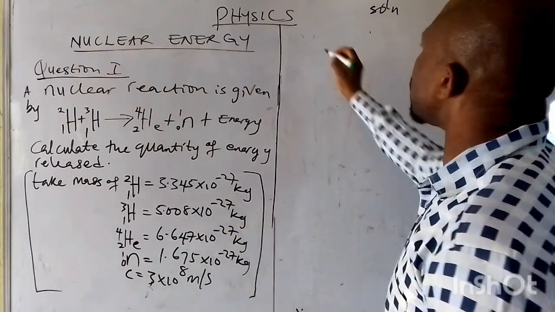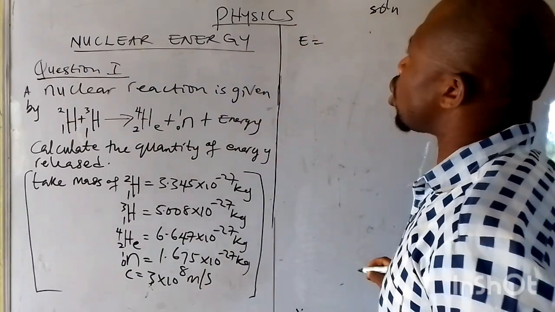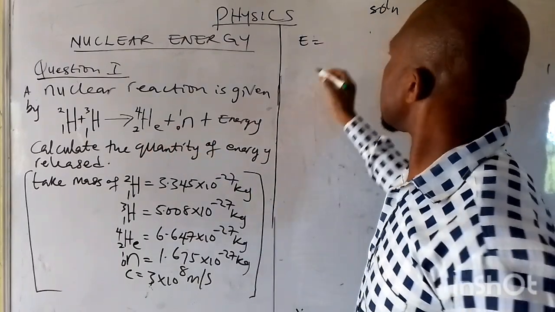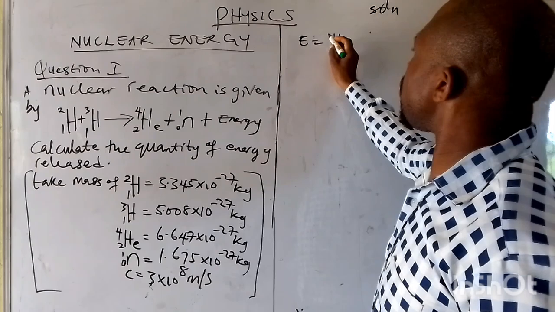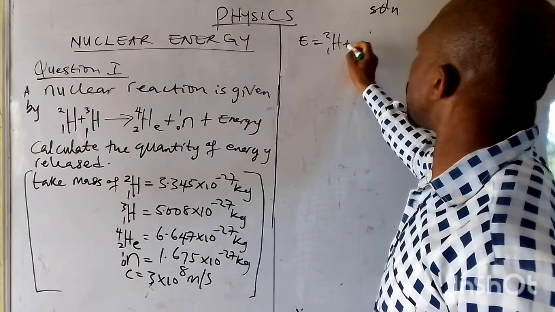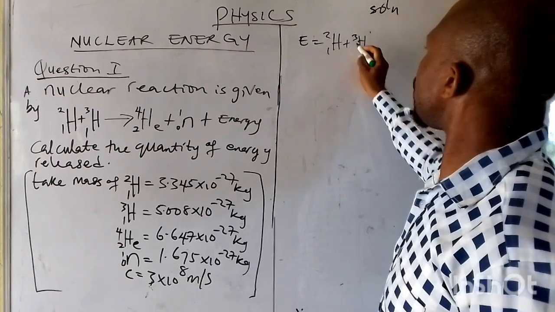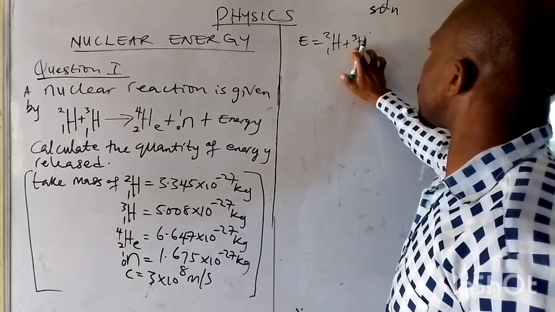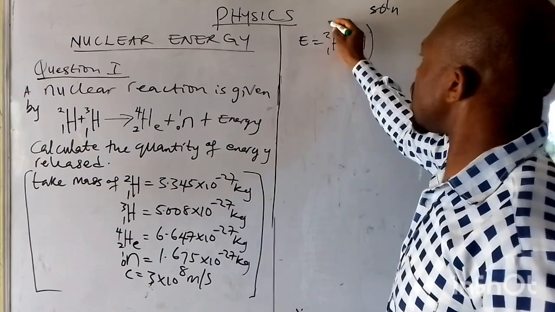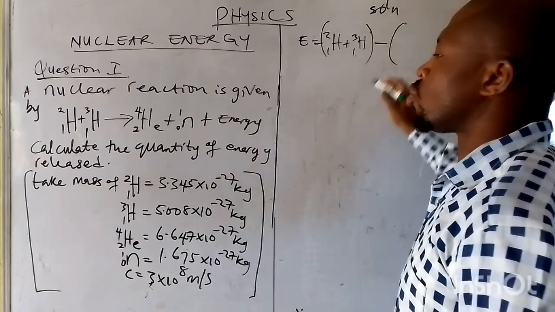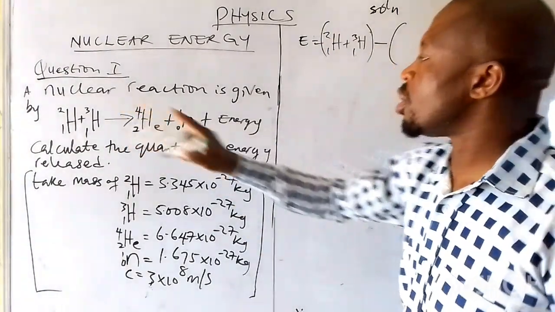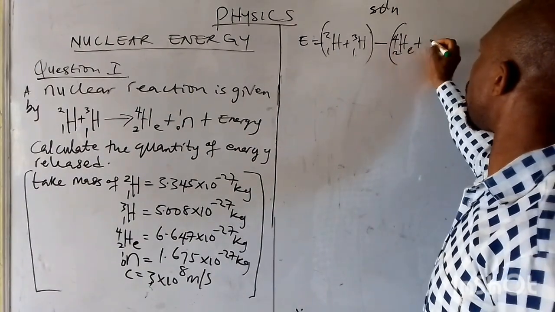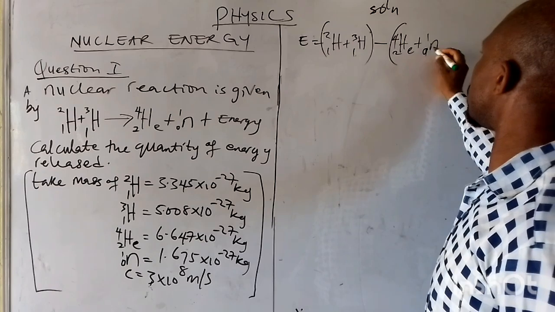E is equal to the reactant, 2,1 plus 3,1, we'll have it here, minus the product. Just send this one that side. The product is helium 4,2 plus neutron this.